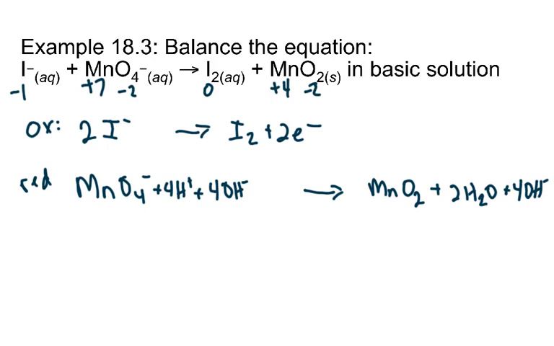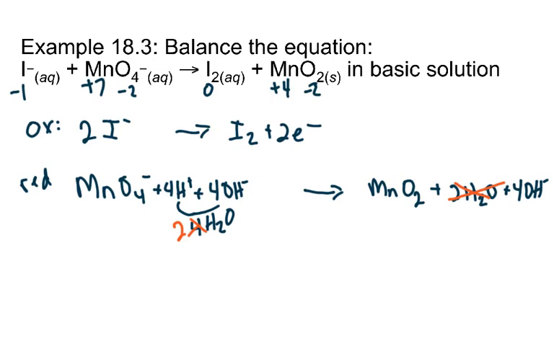That combines these guys into 4 water. I have 2 water on this side, 4 on this side, so I'm going to get rid of these 2 and make this 2 water because I don't need water on both sides.